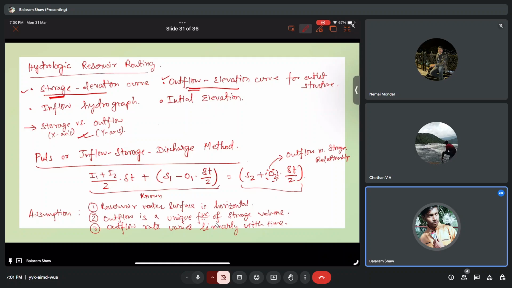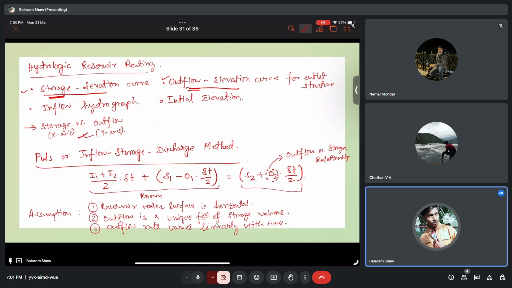Okay. So in this we need three curves. This curve I was talking about, the relationship, right? Let's say this is in meter cube per second, and this is the outflow in cubics, and this is the storage change in volume.